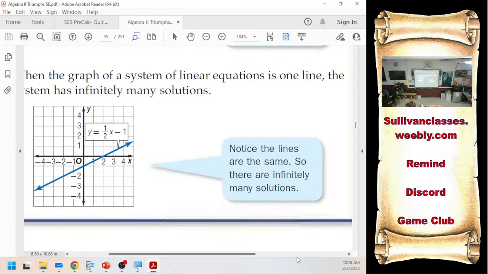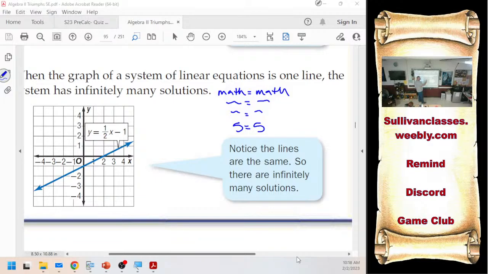And then sometimes I graph a line, and then I go to graph the next line, and they land right on top of each other. What you've got to be careful about, remember when we would solve an equation, and down at the bottom we'd get 5 equals 5? Junk equals junk, blah, blah, I did math. I get to the end and it says 5 equals 5. Is that a true statement? Yeah.